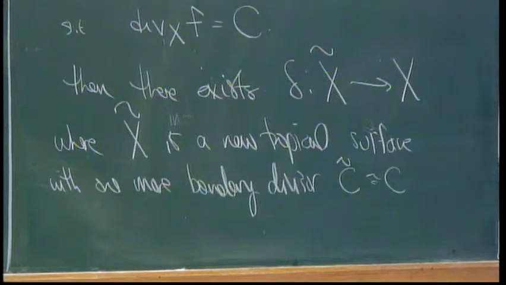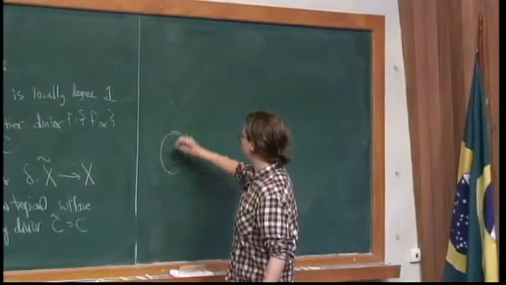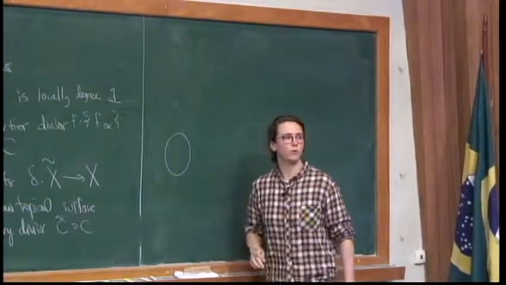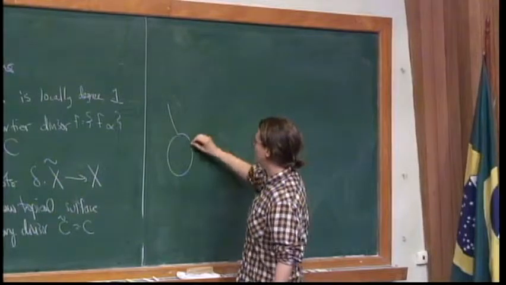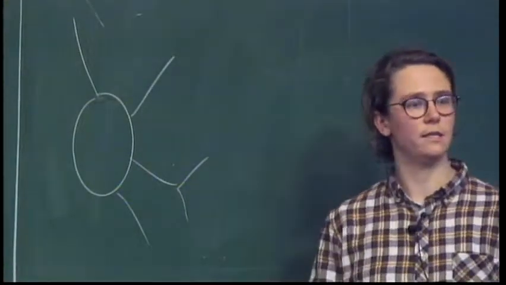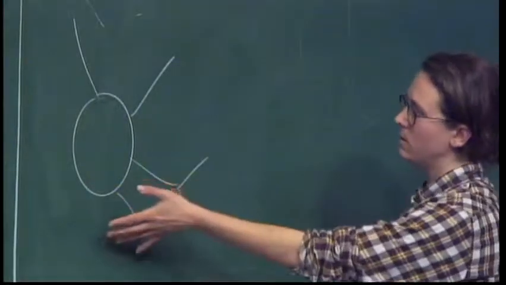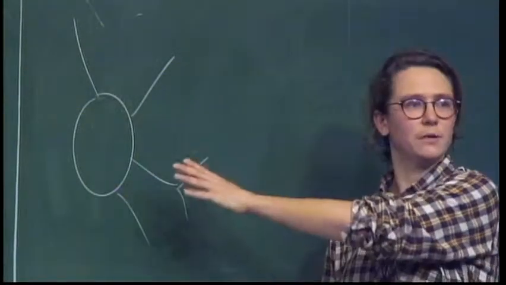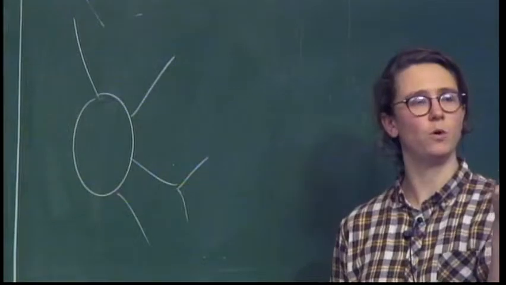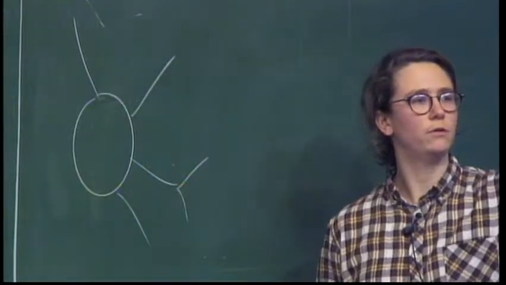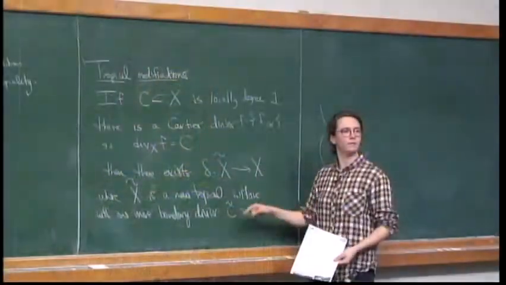So how should you think about these? We've seen tropical modifications for curves in Matt's talk as well, where he had his tropical elliptic curve and got to add in a bunch of leaves or take them away. And he said that if you come at it from the semi-stable model perspective, it's like you take a point on the special fiber and you blow it up. So what this is doing is the exact same thing. We get to blow up a divisor.